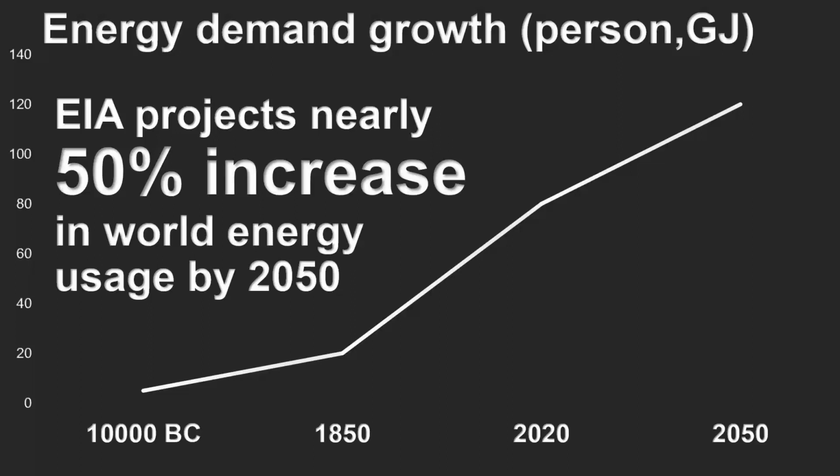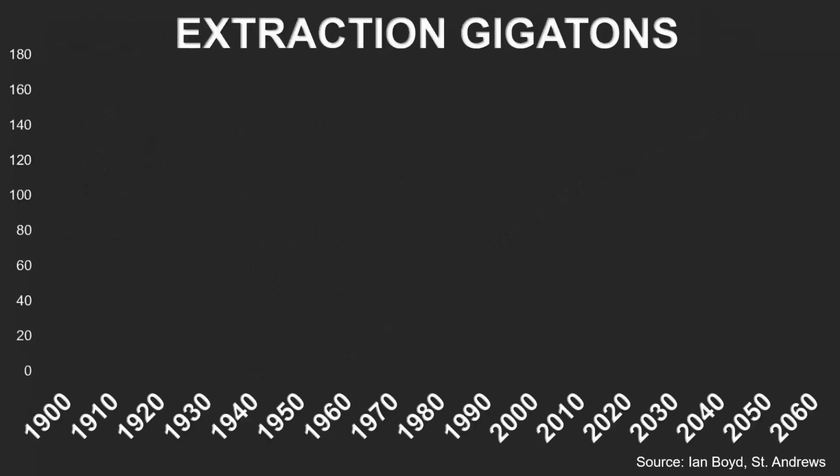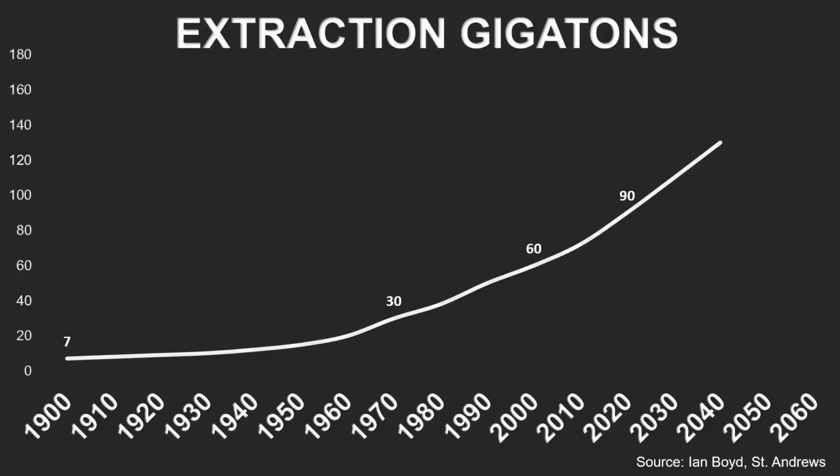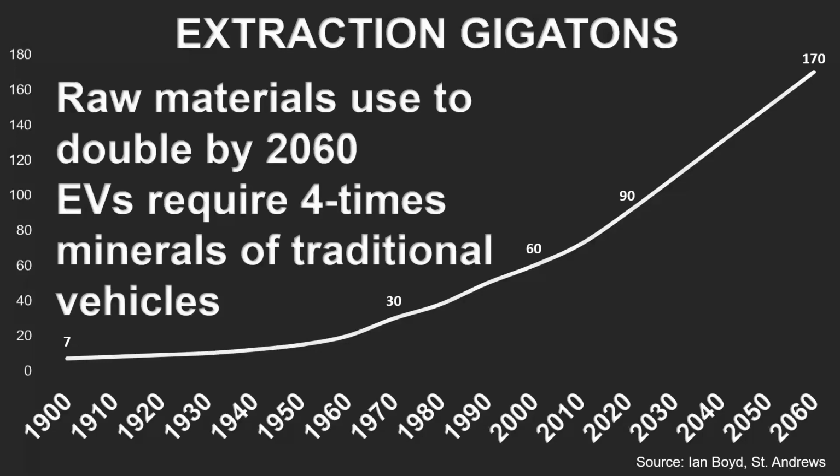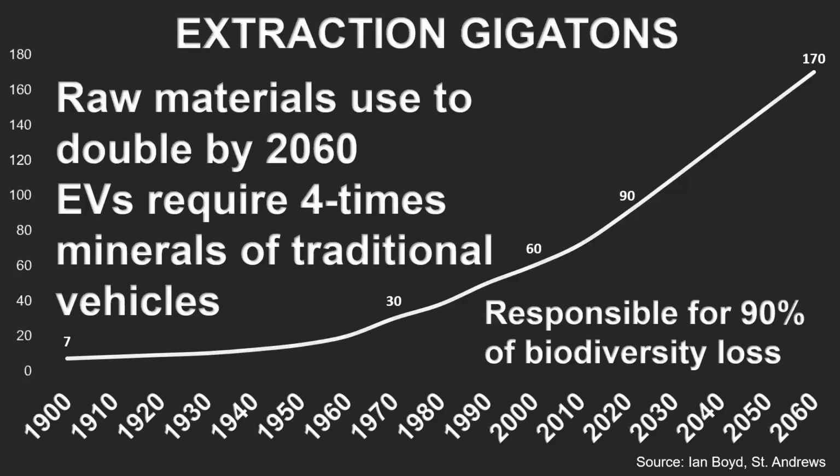Renewable cars are not going to solve the future if we're constantly increasing energy. Extraction of gigatons. And to get to these renewable technologies will require an explosion in extraction of mining and other sort of actual activities. So raw materials use to double by 2060. An electric vehicle typically requires 4 times the minerals of traditional vehicles, and extraction activities are responsible for 90% of biodiversity loss.